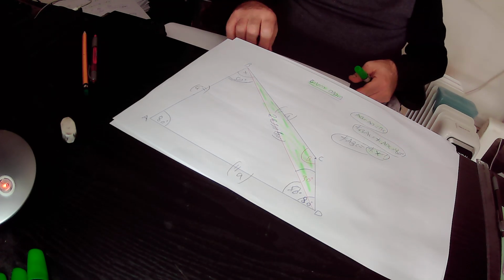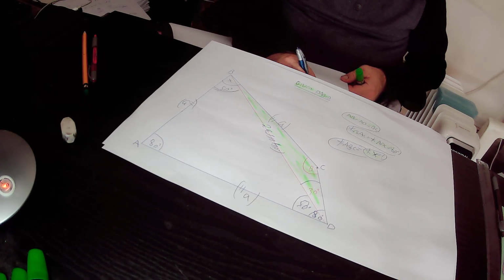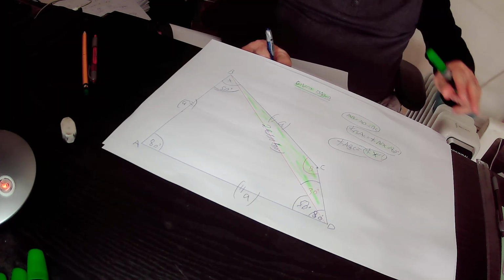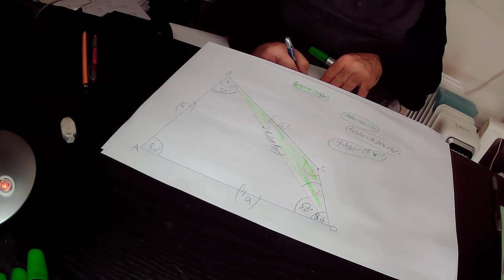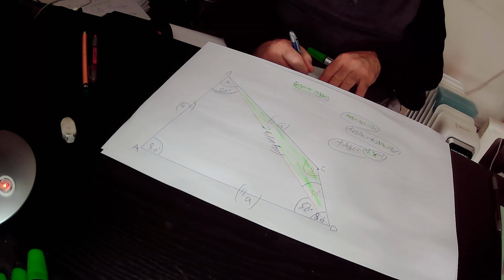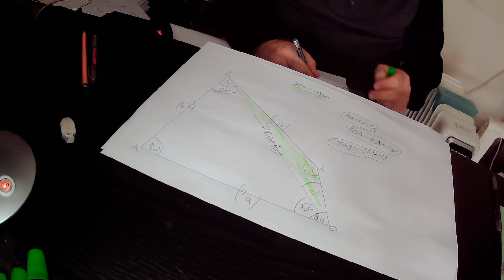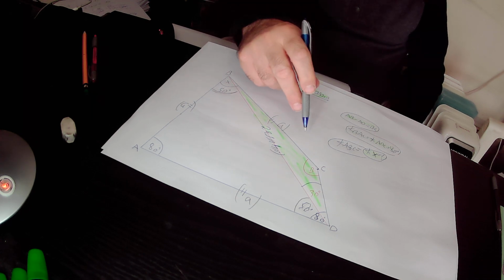According to the law of sines, in this upper green triangle, triangle BCD, the following equation is true: BC over sine of 30 degrees equals BD over sine beta.